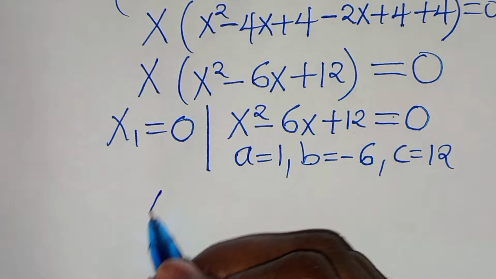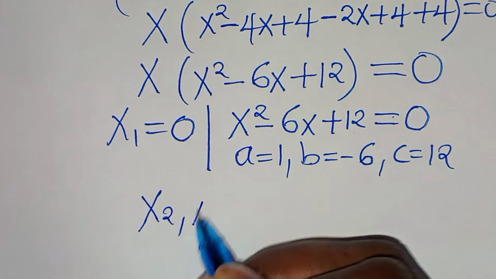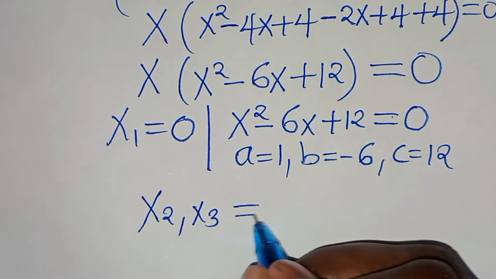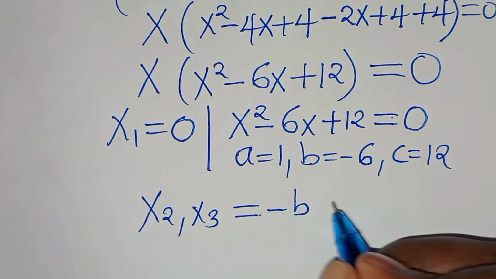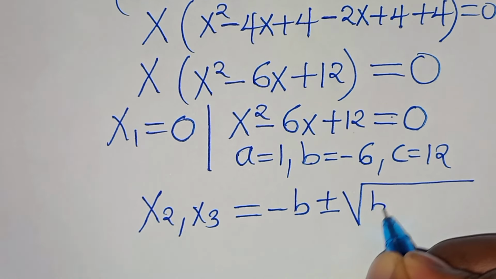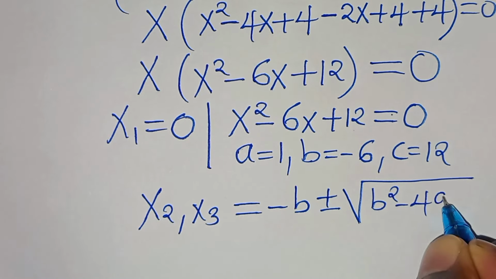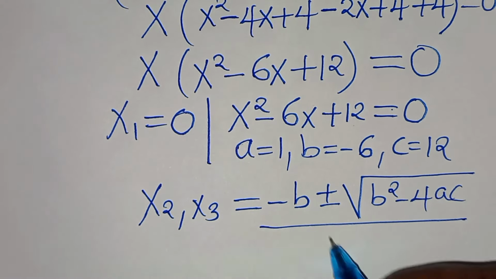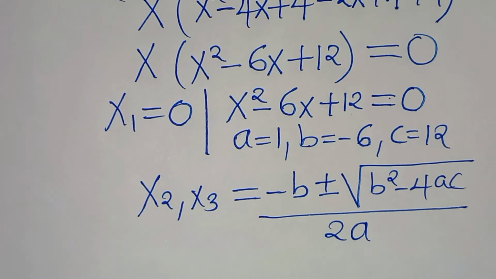So we can solve for x2, x3 by applying the quadratic formula, which is (-b plus or minus the square root of b^2 - 4ac) divided by 2a.